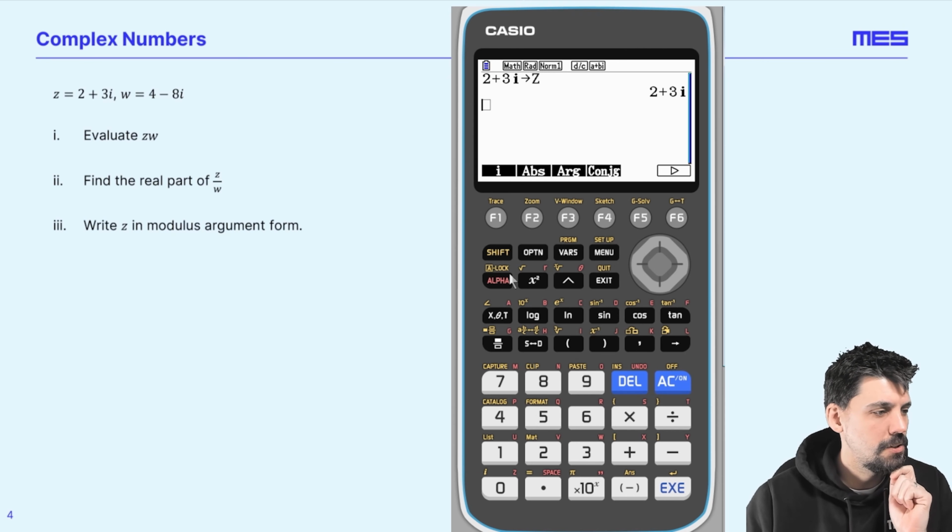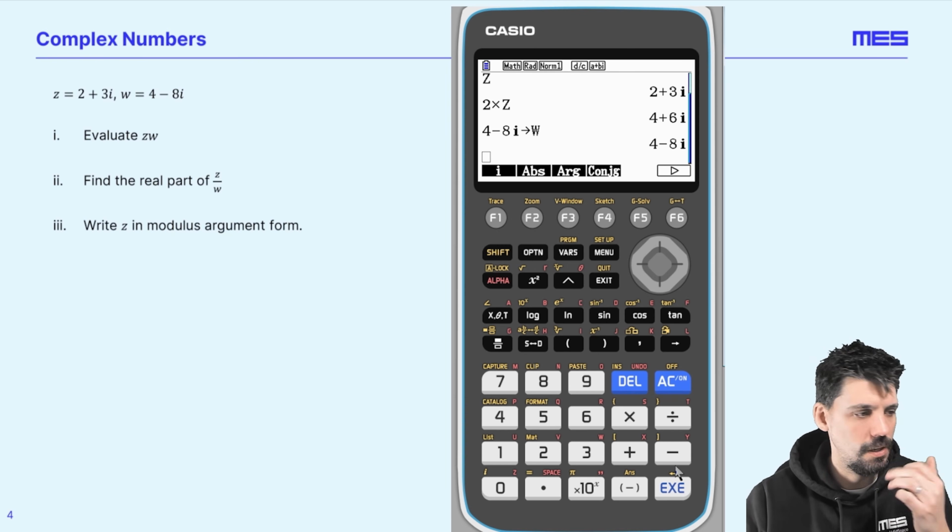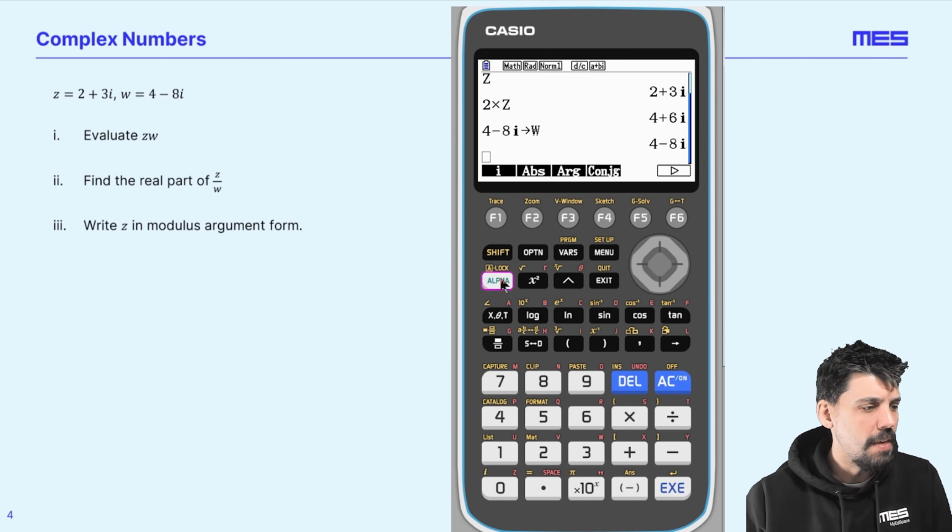So now if I just go z, I'll get that. If I go 2 times z, it will do 2 times z. So that's how we store. That's that button there. 4 minus 8i, I'm going to store that as w, just because I don't want to type it all out every time. And really, after that, z times w, there you go.